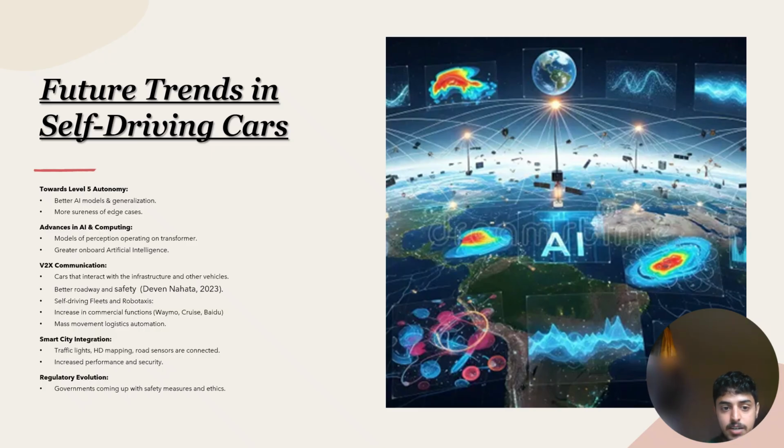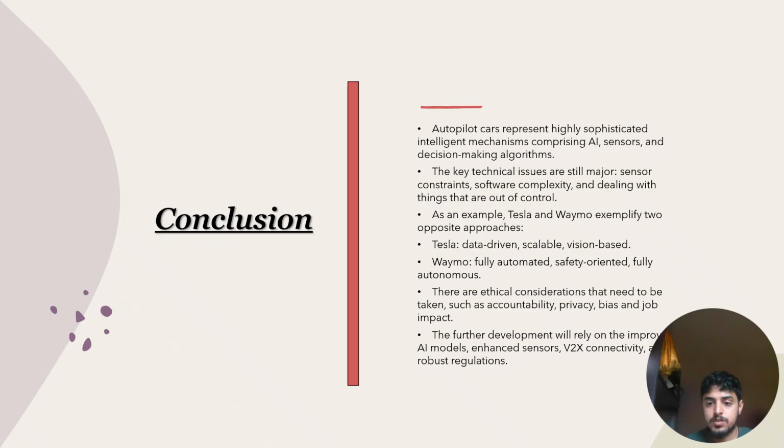Self-driving fleets and robotaxi increase the commercial function, mass movement, and logistic automation, and it also impact the urban deployment by the smart city integration, where traffic light, mapping, and road sensor are connected. These are the future trend in self-driving car.